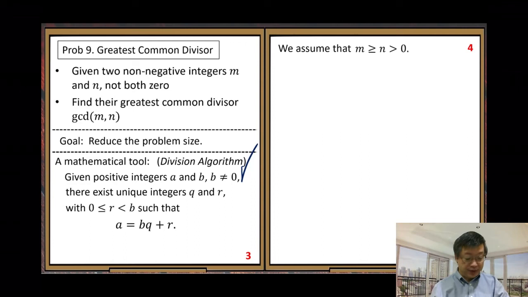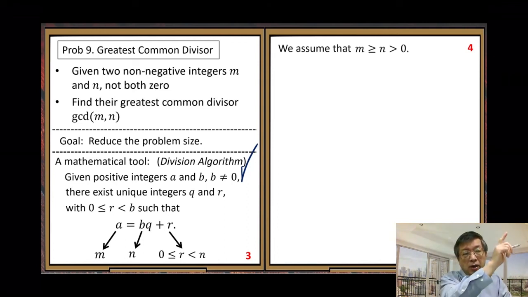Then, going back to our division algorithm, a corresponds to m, b corresponds to n. So then we can find the remainder r in this range: greater than or equal to 0, strictly less than n.